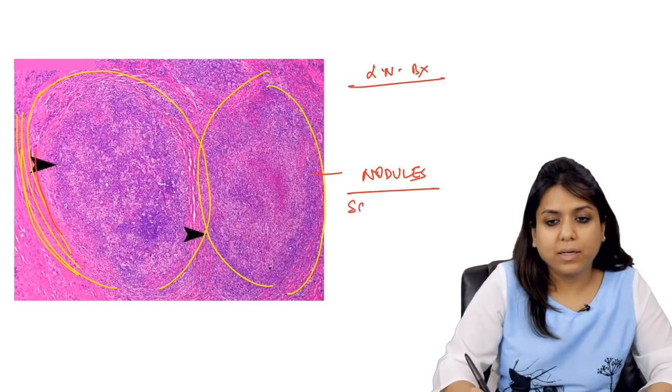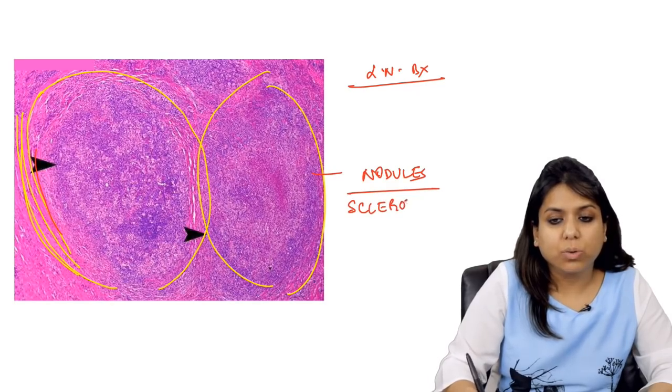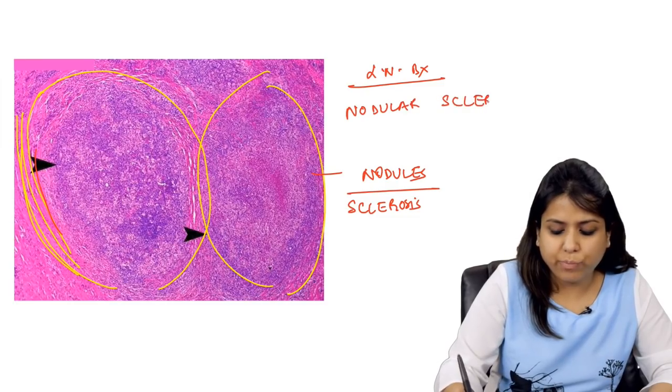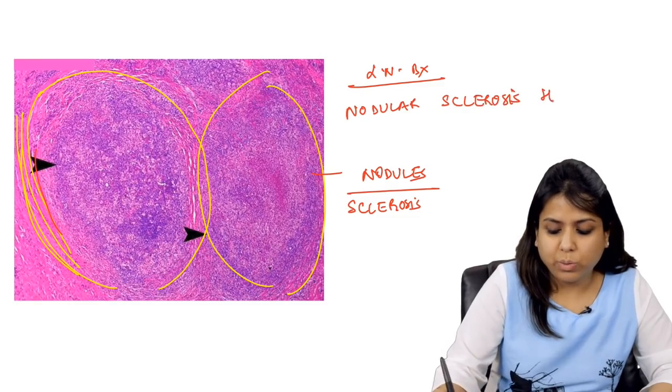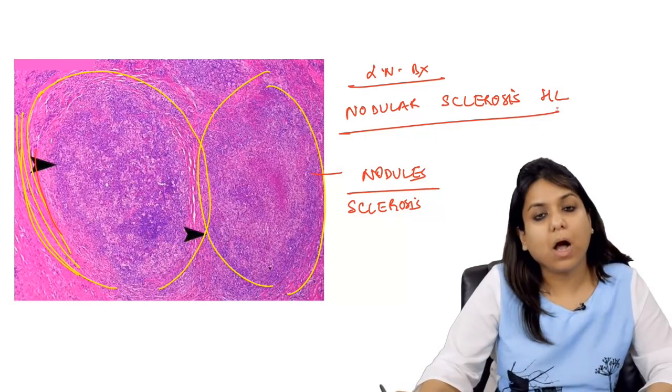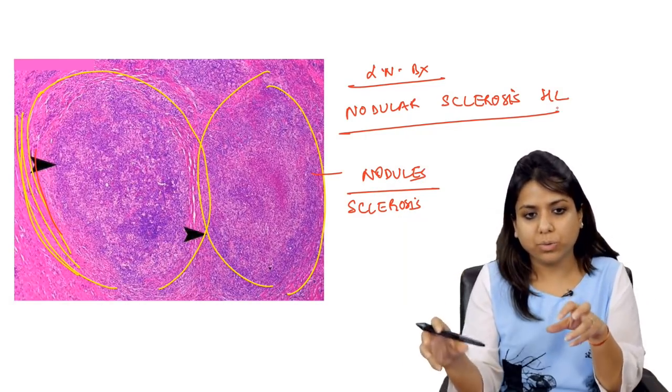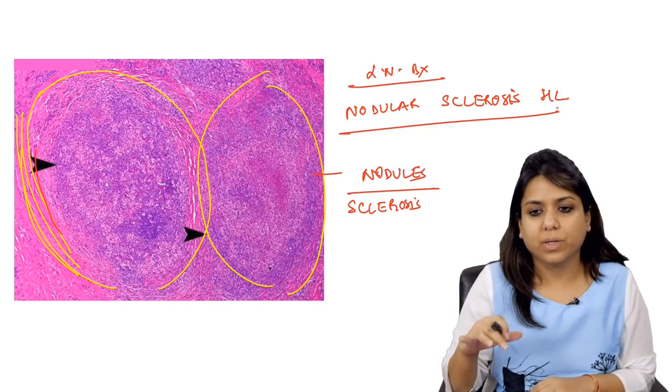So that is sclerosis. So this is actually nodular sclerosis Hodgkin's lymphoma. How does nodular sclerosis Hodgkin's lymphoma look like? You can appreciate two nodules and a pinkish area around it.